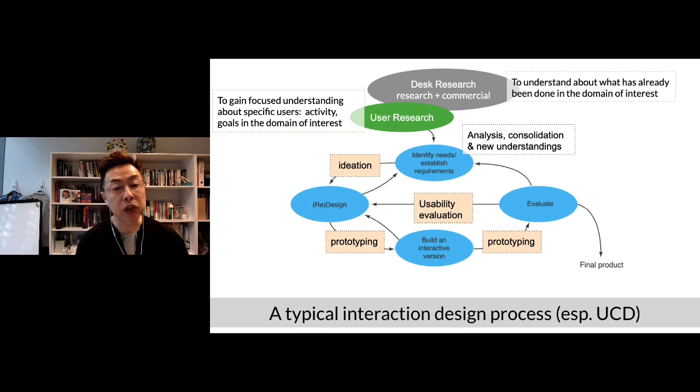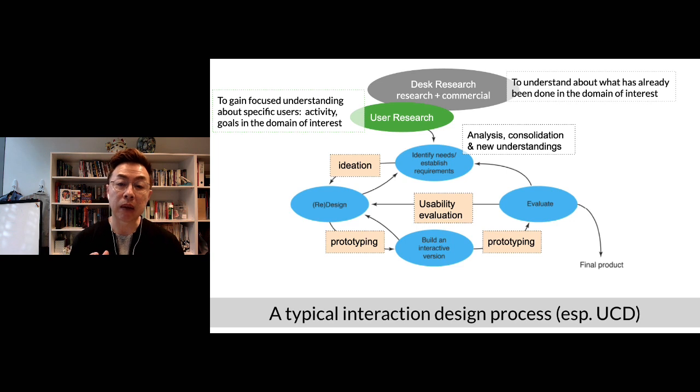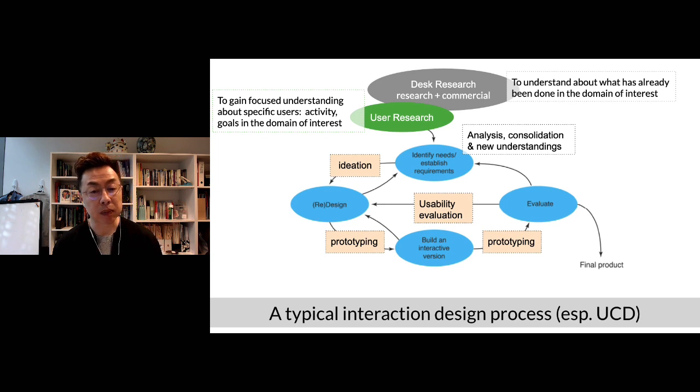And then what you want to do during the user research is look at the activity that the users undertake, and the goals that they want to achieve with that activity within that domain of interest. Whatever you find from the user research, after analysis, you would come up with a new understanding about the domain of interest.